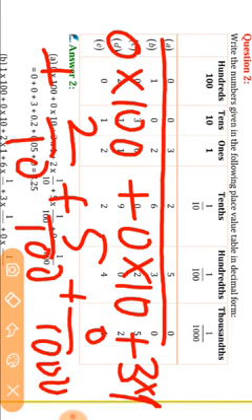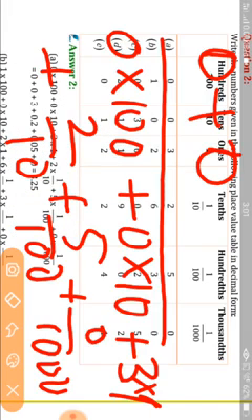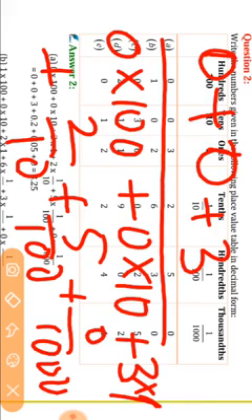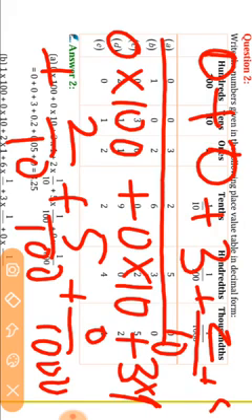So we can write 0 into 100 is 0 plus 0 into 10 is, sorry, 0. 0 into anything is 0 only. Plus 3 into 1 is 3, plus 2 by 10, plus 5 by 100, and 0 by anything is 0.